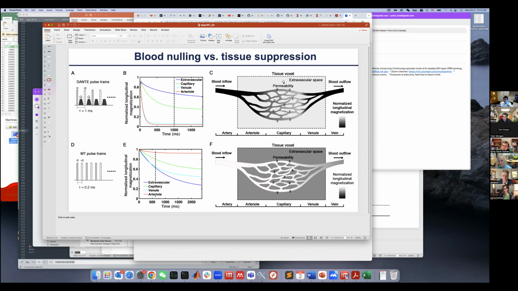Because here we want to create a contrast between tissue and blood. Ideally the tissue is not suppressed at all, but all the blood signal should be suppressed, because here we want to extract the intravascular blood signal.